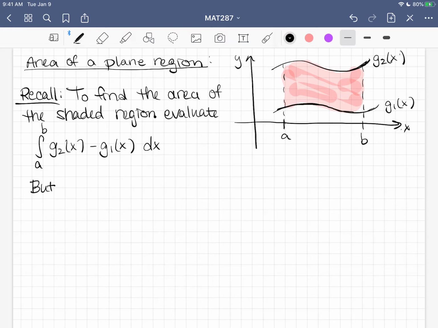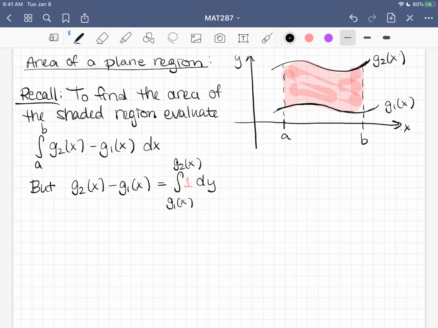Well, from what we were doing in the earlier videos, g2 of x minus g1 of x, I could write as the integral from g1 of x to g2 of x dy. So think of a 1 inside this integral, right? 1 dy.